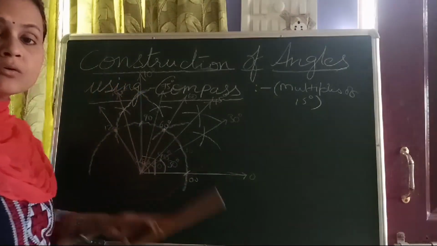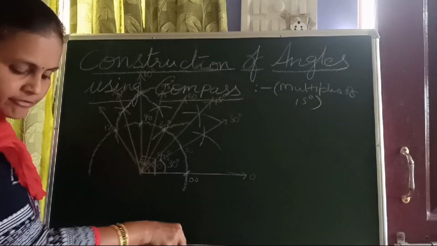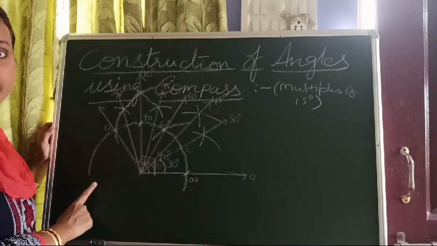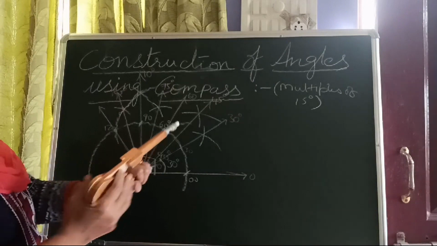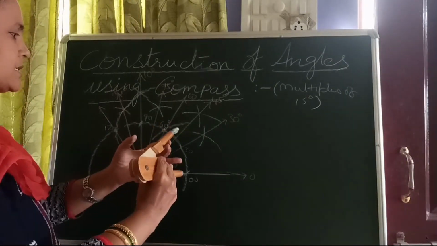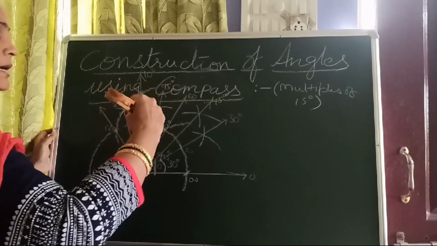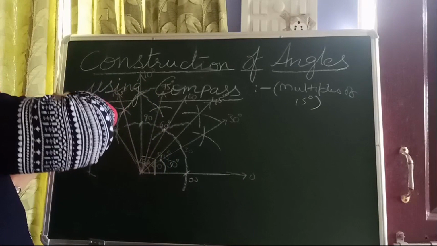Now where does 150 lie? 150 lies exactly between 120 and 180. Where is 180? In the beginning we drew the 60 arc, and with the same radius we drew the 120 arc. With the same radius, draw one more arc to get 180.